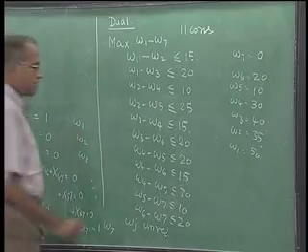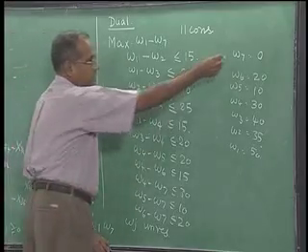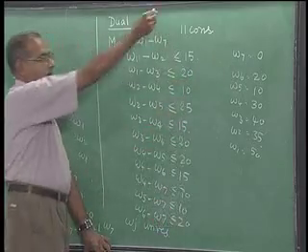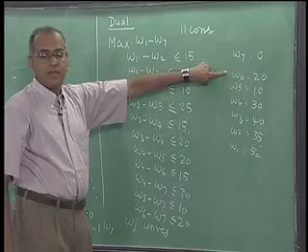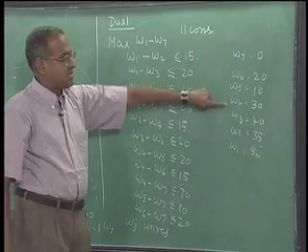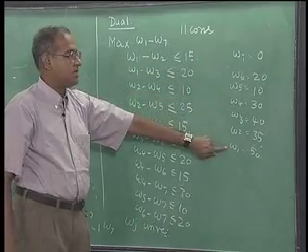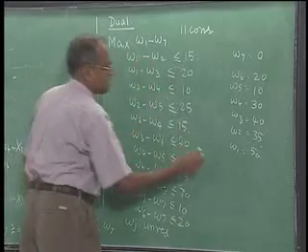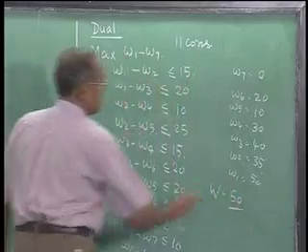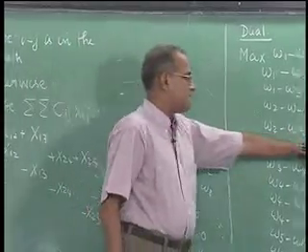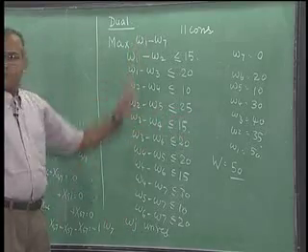Now, if we start with the solution W7 equal to 0 and work backwards, we get W7 equal to 0, W6 is 20, W5 is 10, W4 is 30, W3 is 40, W2 is 35, W1 is 50. So, W1 minus W7, this W value, is 50. Now, we realize that this is a feasible solution to this dual.